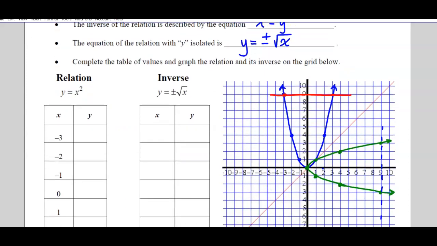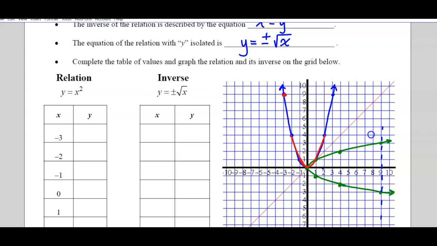Okay, so if I just took, say, this part of my graph here, just the red, and I took the inverse of just the red, would it be a function?